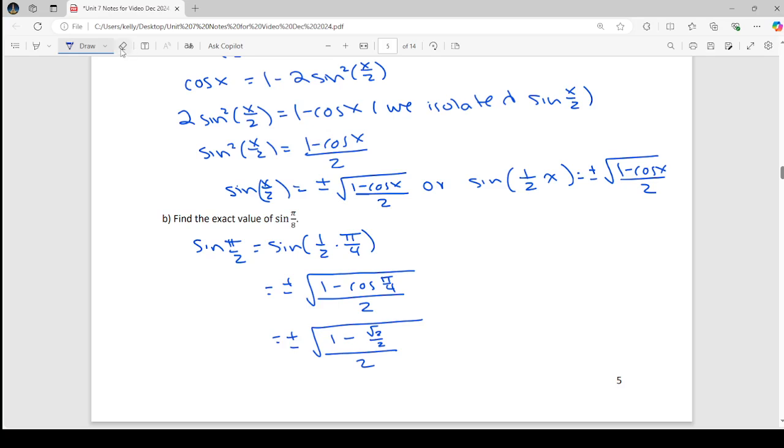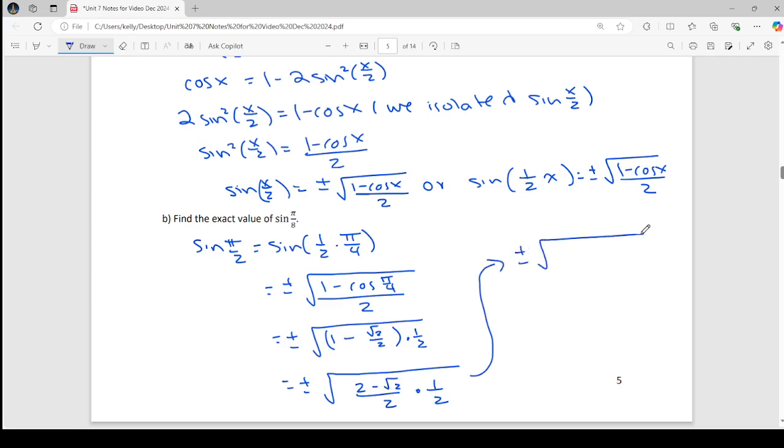You know what? Instead of dividing by 2, let's multiply by a half, and save fractions under the root. So we have plus or minus, and then let's get this in a common denominator. So we have 2 minus root 2 over 2 times 1 over 2. So now we get 2 minus root 2 over 4.